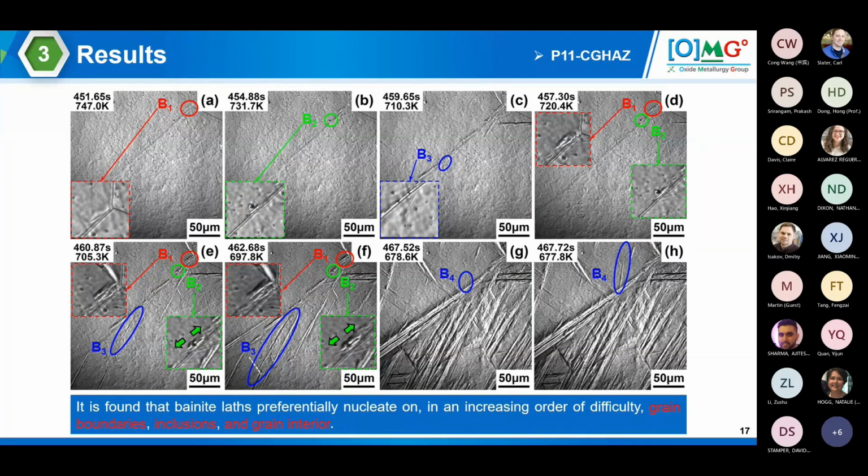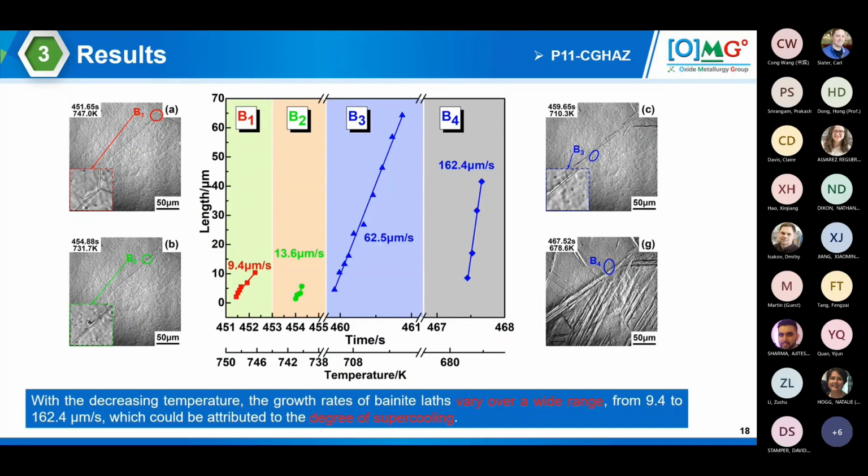Since we are consecutively capturing these frames, these images, we have this length, we have this time. Now we are able, at least in 2D, to know for one specific bainite how fast it can go. My student did a very good job in placing them into 4 different types for this particular grade, P11.